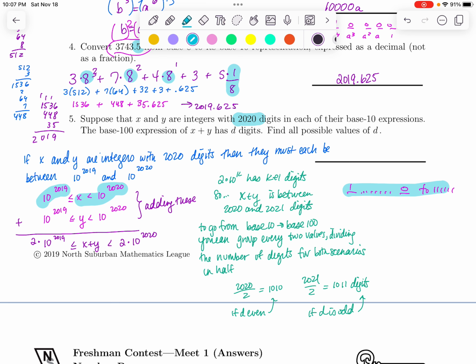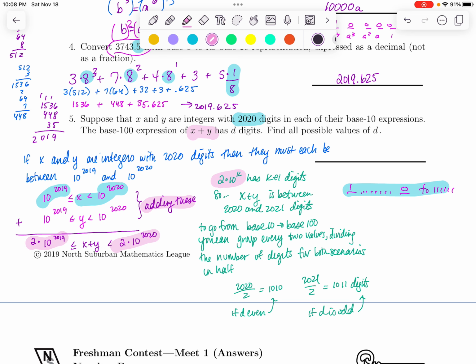So if I'm trying to find a way to represent the sum x plus y, then let's go ahead and add those two together. So that's what I'm doing right here. And when I add these two minimums and these two maximums, that's going to give me 2 times each of those. Okay. So at this point, what we could think about is that any number in base 10 to the k power, so 10 to the k power, has k plus 1 digits.